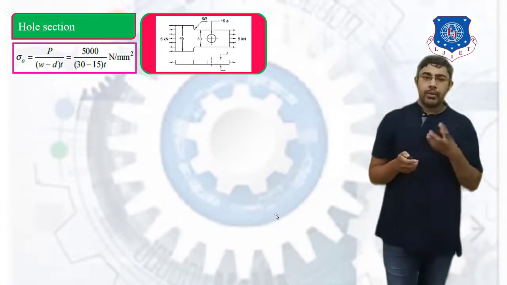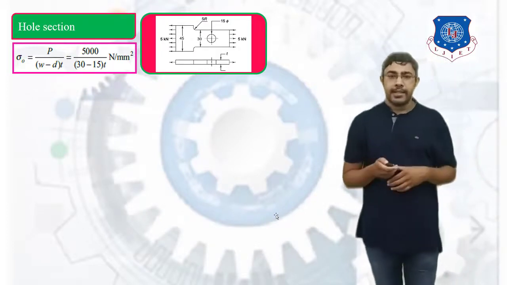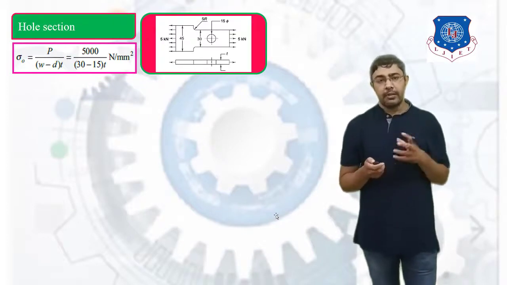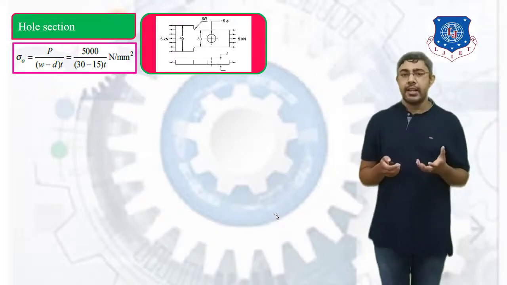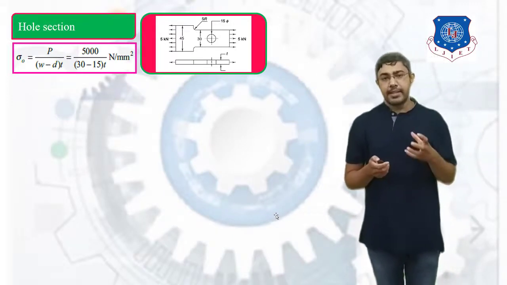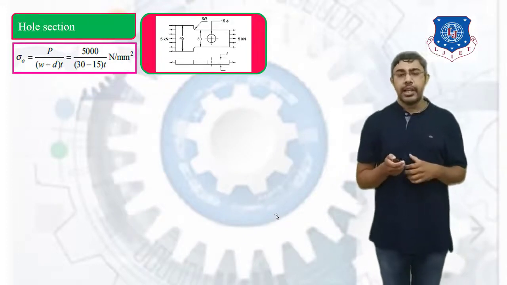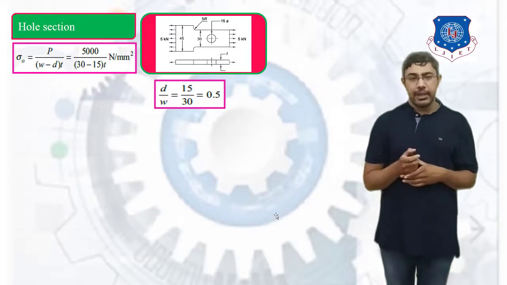Now we have to calculate the stress concentration factor at the wall section. For that we use the stress concentration chart for a plate with a central hole subjected to tensile load, and first we need to calculate the small d by W ratio.